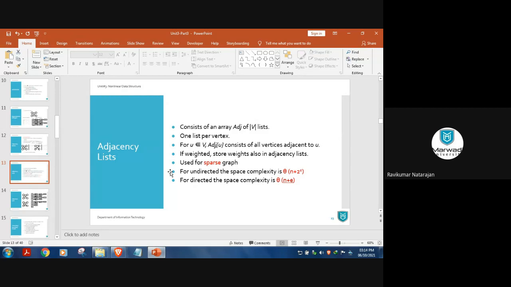In undirected, you might repeat several things, because if A and B is there, from A to B you can go, or else from B to A also you can go, right? So that it is number of vertices plus 2 times its edges, right? That is for undirected, and for directed it is vertices plus edges. I mean here I have denoted as N, or you can write it as V plus E. That is also fine. Vertex plus edge. Okay.